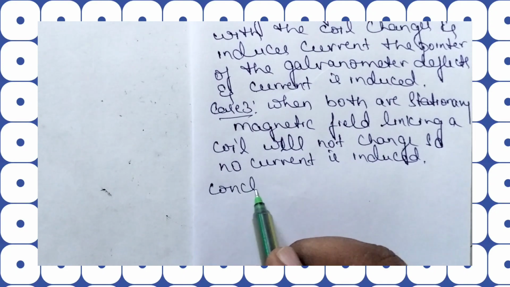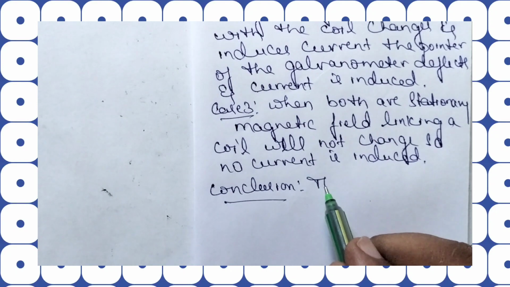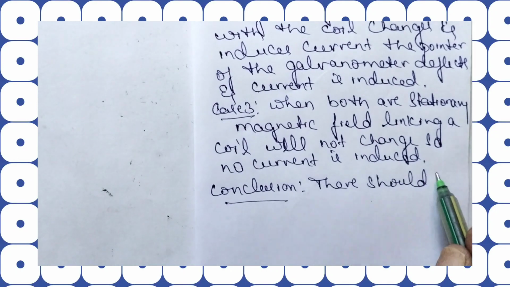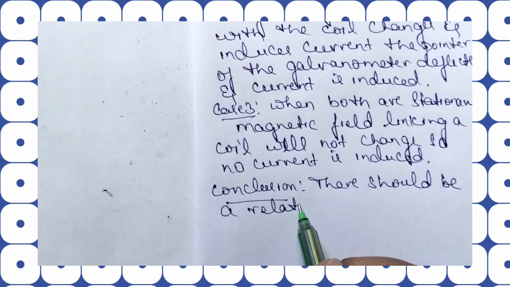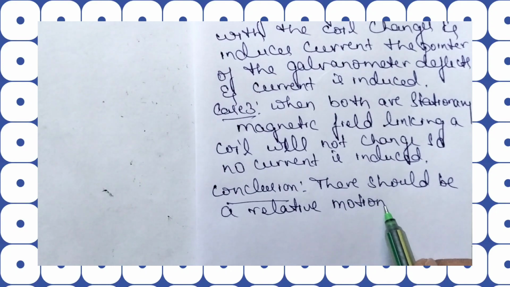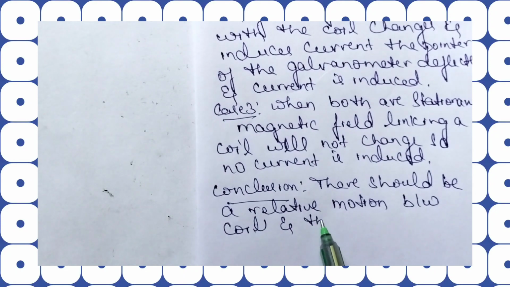What is the conclusion of Faraday's experiment? The conclusion is there should be a relative motion between the coil and the magnet.